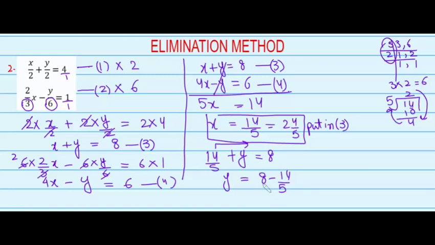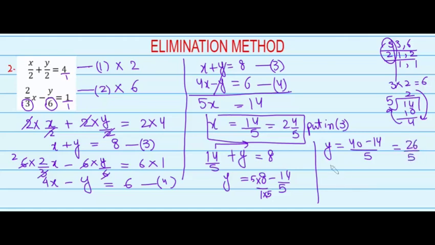Okay, so these are fractions. We can simplify these fractions, and this is the denominator of it. 1, multiply and divide by 5, so both of the fractions become like fractions. So we have y equals 40, as 8 5s are 40, minus 14, divided by 5, so it gives you 26 over 5.